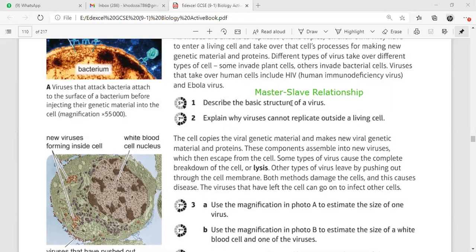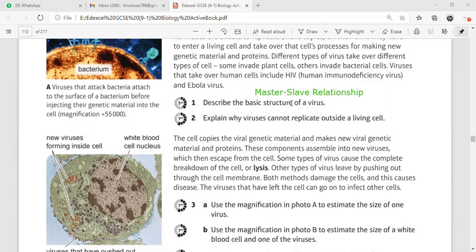What is the master-slave relationship? A relationship between viruses and a living cell. Once the virus enters a living cell, it starts to take control of the nucleus of the cell. Once the nucleus is in control, the cell becomes the slave of the virus.